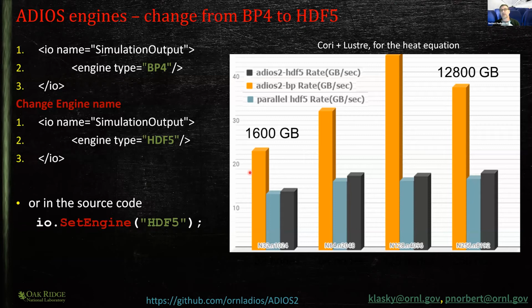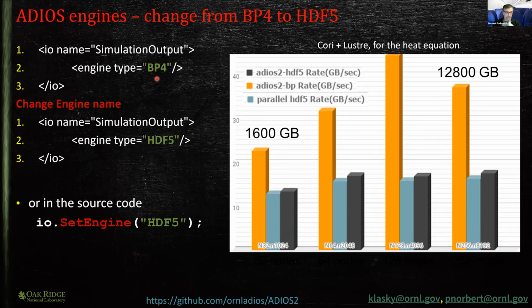Okay, and then you pick an engine. Picking an engine means that in the config file, for that I/O, called simulation output in that example, you could say please use the HDF5 engine instead of BP4. If you have parallel HDF5 on the system, you can build ADIOS with parallel HDF5.